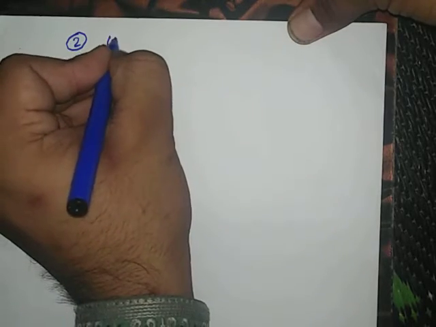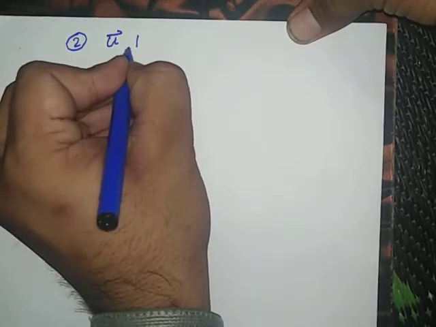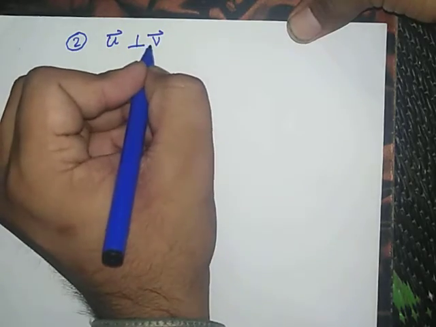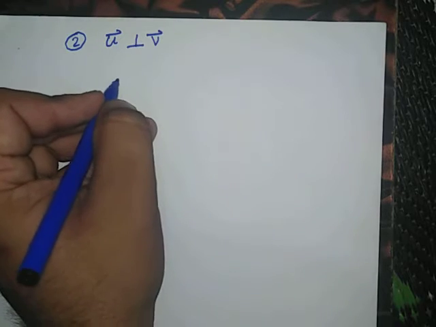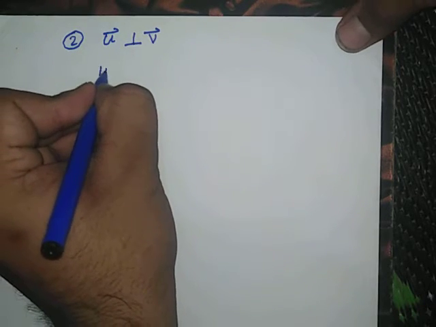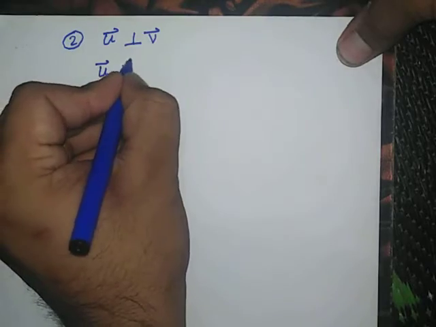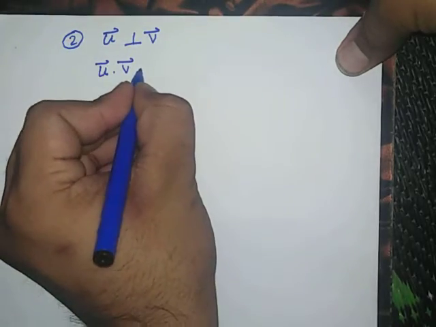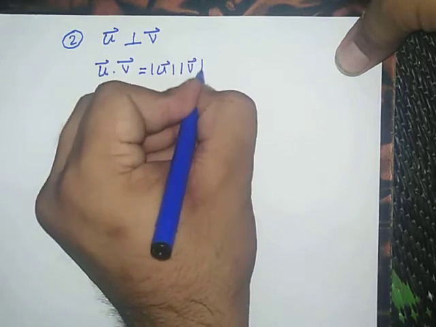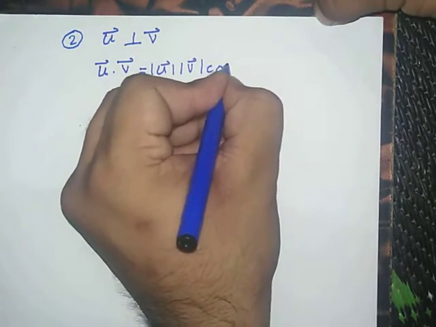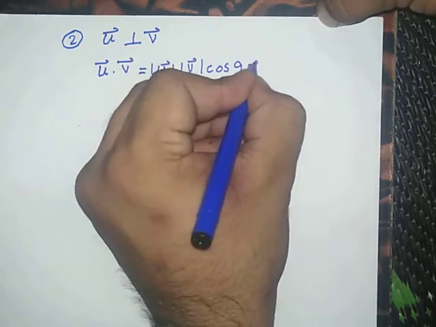Now we will study the second characteristic. If vector u is perpendicular to vector v, this symbol stands for perpendicular, then by the definition, u dot v is equal to the magnitude of u times the magnitude of v times cos of 90 degree between them.